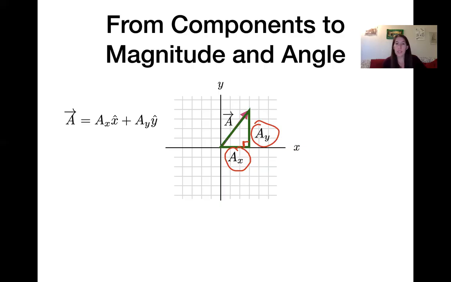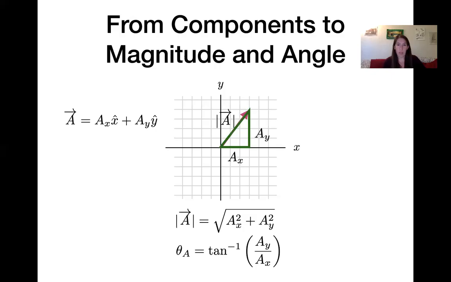And the length on this side of the triangle is the y component of our vector. And so all I need to do is to remember my trigonometry in order to determine this angle theta sub A, and then the length of the hypotenuse. The magnitude of our vector is always going to be the length of the hypotenuse.